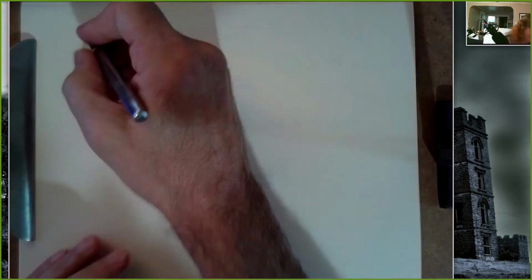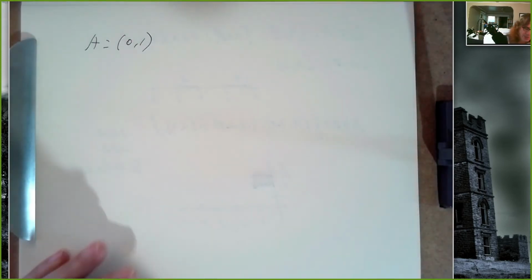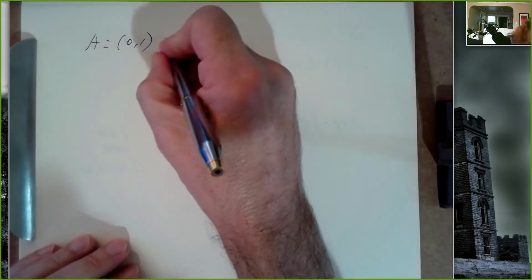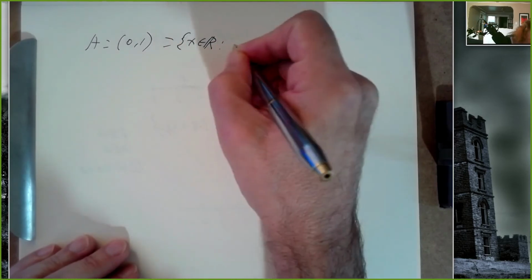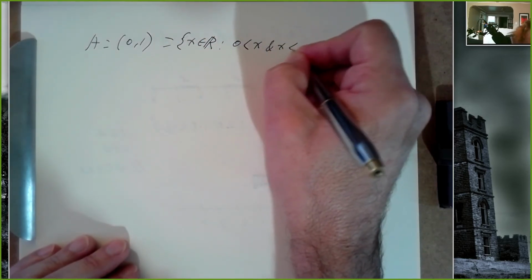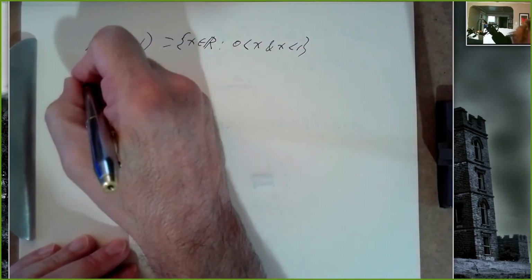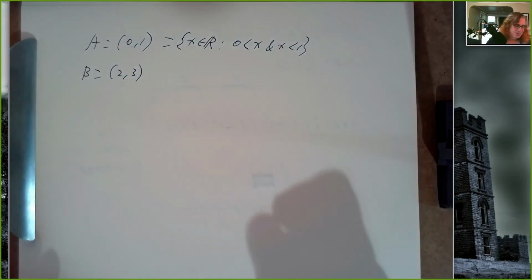All right, and just to round it out, suppose A is what we called an open interval, so the set of all real numbers which are strictly bigger than 0 and strictly less than 1. And B is our open interval from 2 to 3.